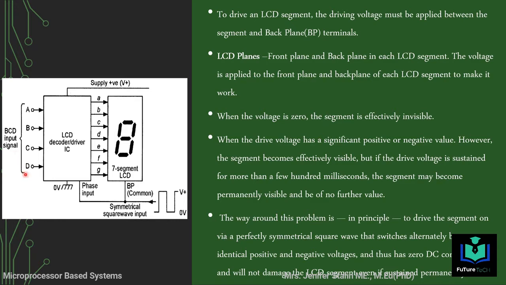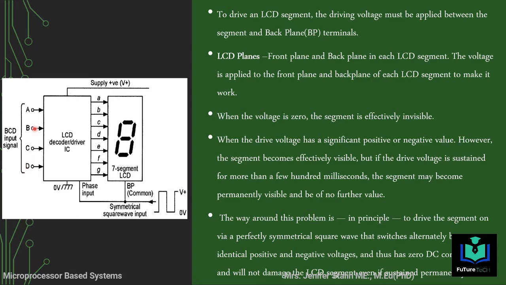To display the first character, a numerical value 0, all the inputs A, B, C, D will be treated as 0. To display the numerical value 1, A will be 0, B will be 0, C will be 0, and D will be 1. It follows the BCD input signals.